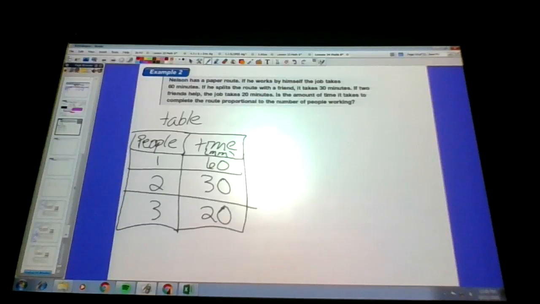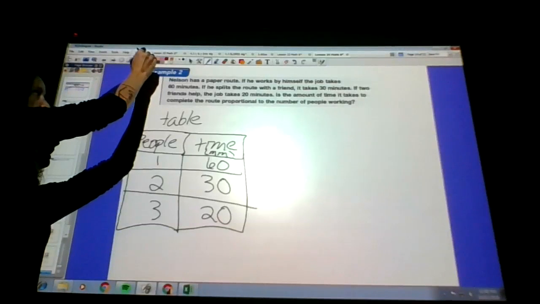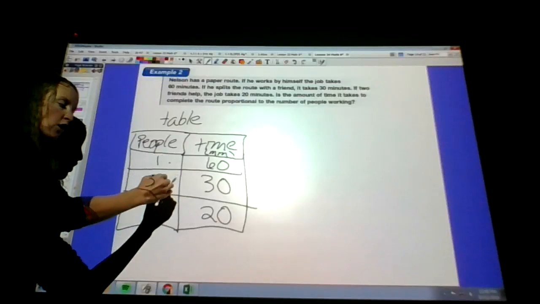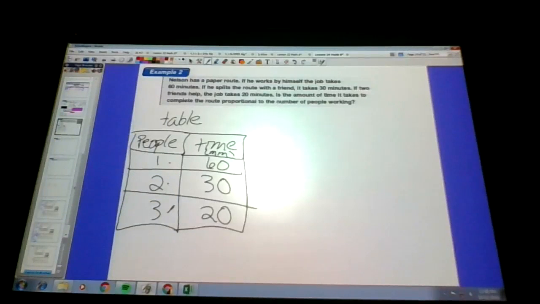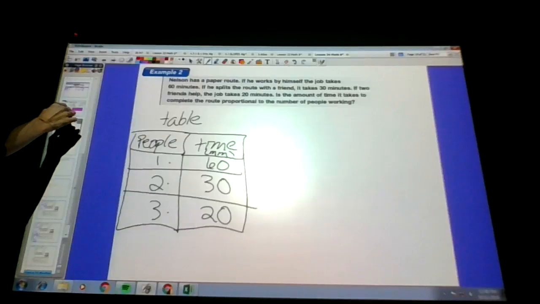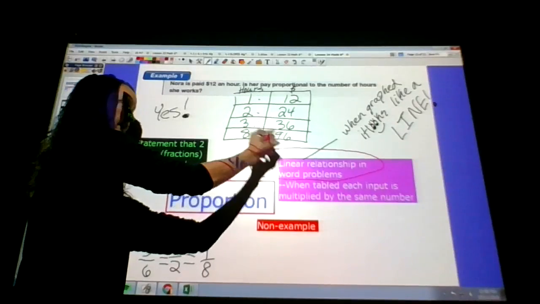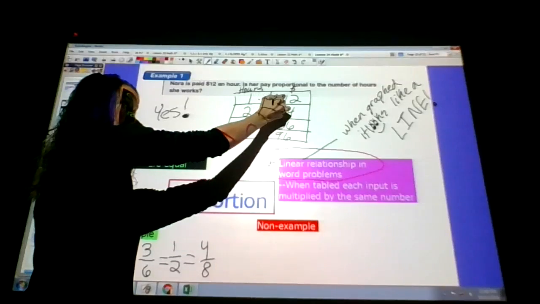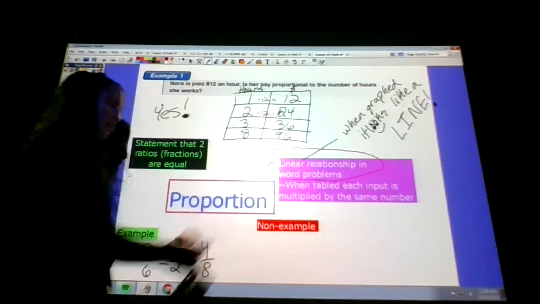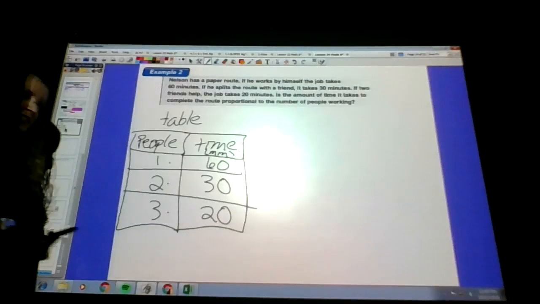It has to give you a straight line, or you have to multiply all of these values by the same thing. Let's look at this last example that was proportional. What would you multiply every single one of these by? 12. Does everyone see that? Okay. Is this one proportional? Do we multiply by the same consistent thing?